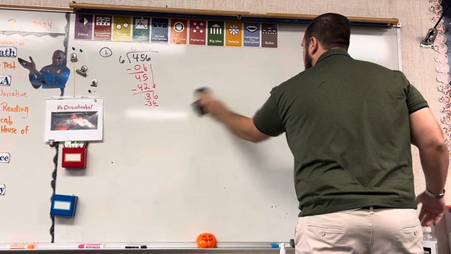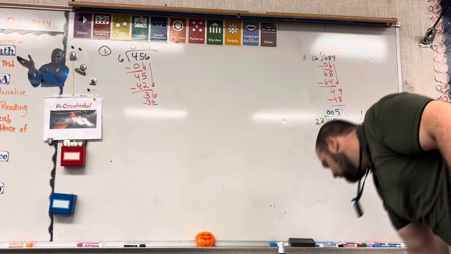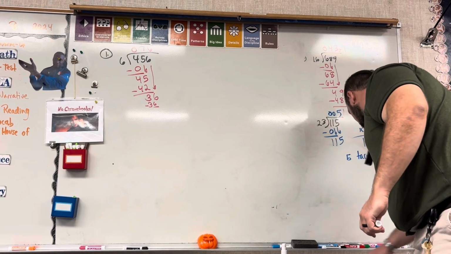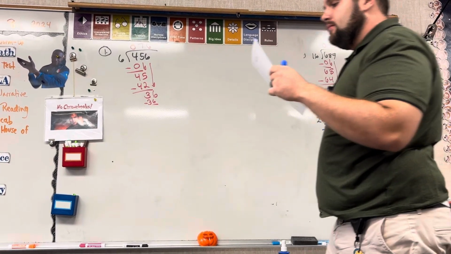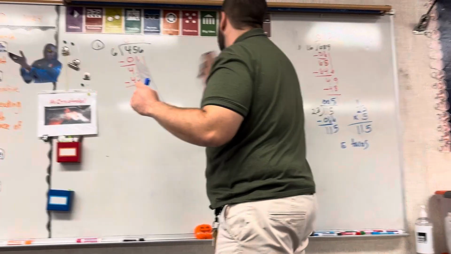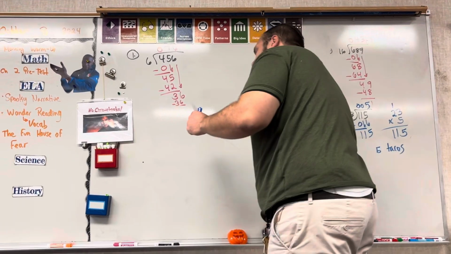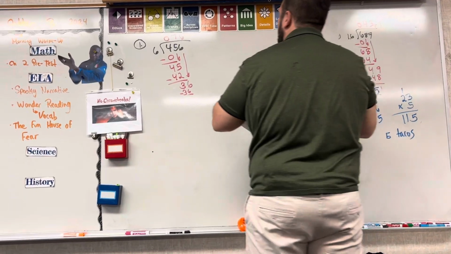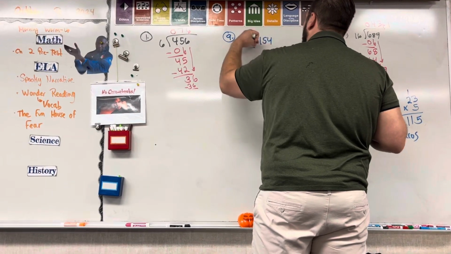So, let's do number 9. Number 9 says, Michael wants to take his employees to a ski resort and is looking at cabins to rent. Each cabin can hold 15 employees, and there are 154 employees. How many rooms will Michael need to get? So you have to divide 154 by 15.